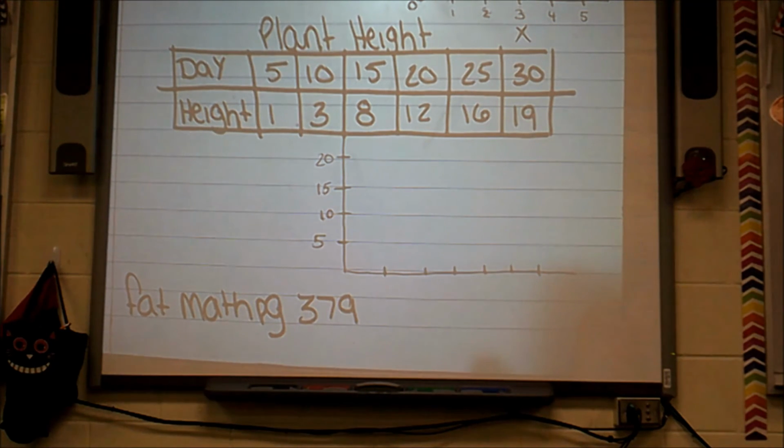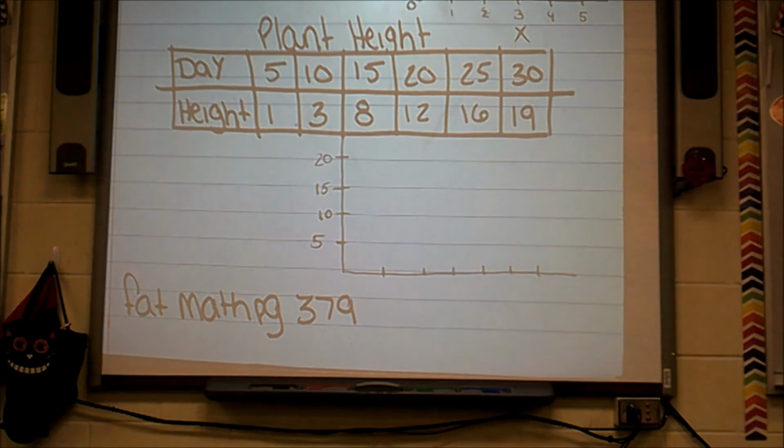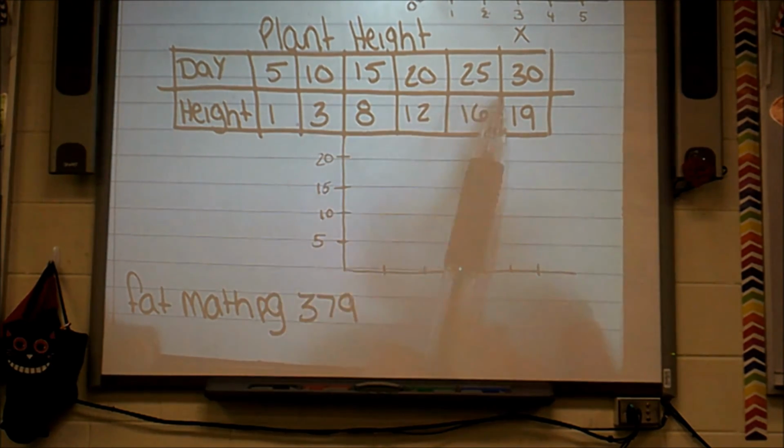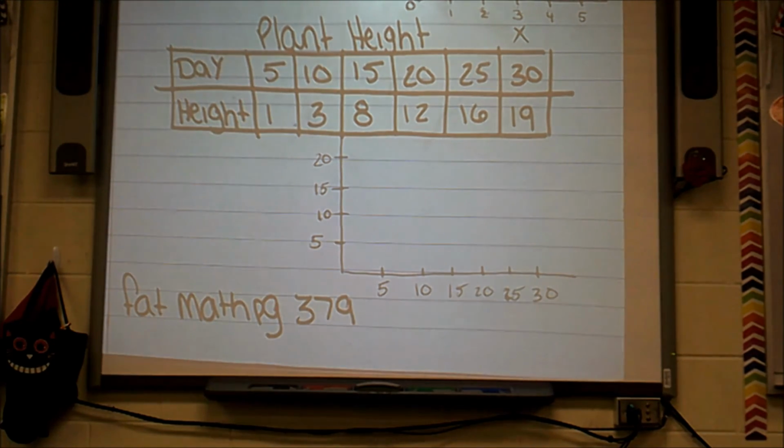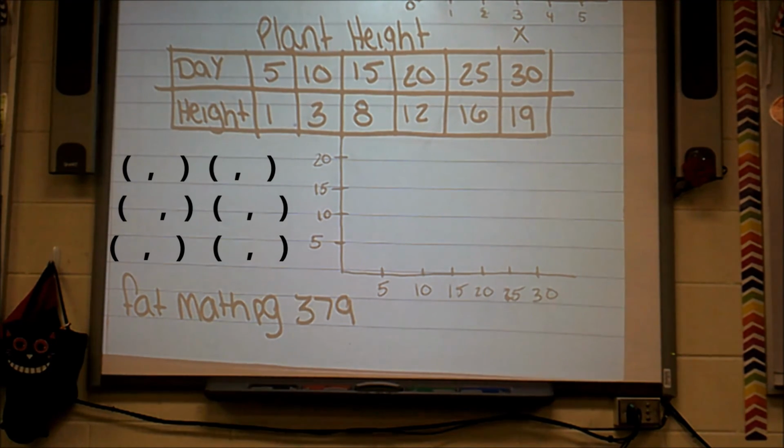I have this data table here with plant height, the days that the plant has been growing, and the height that the plant is. What I'd like to see you do is exactly what we did with Ryan's height. I would love to see you take this data set and turn it into 6 ordered pairs with parentheses representing my x and my y, and then take those ordered pairs and plot them on your coordinate plane.